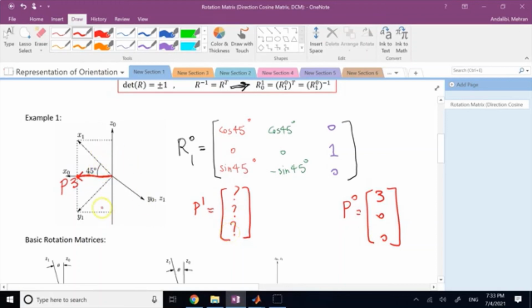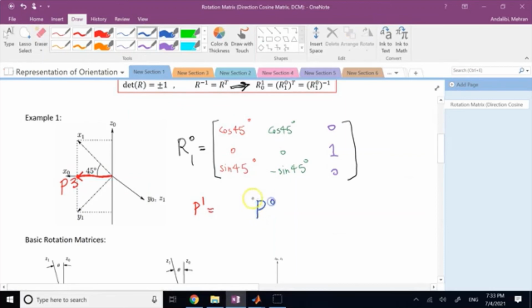In frame 1, you have to do some projections, and it's not a big deal, but I want to show you how to get it with the rotation matrix. So what I say is this. This guy, P1, is equal to P0, that I can easily find, times a rotation matrix. Now, what is this rotation matrix?